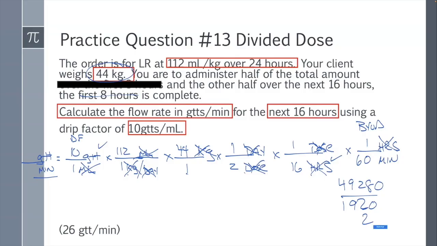We end up with 25.66 repeating. Round that to the whole number because we can't have a sixth of a drop. Here's our whole number. We look to the right. That's 5 or more, so we got to raise the score. 26 drops per minute. Right.